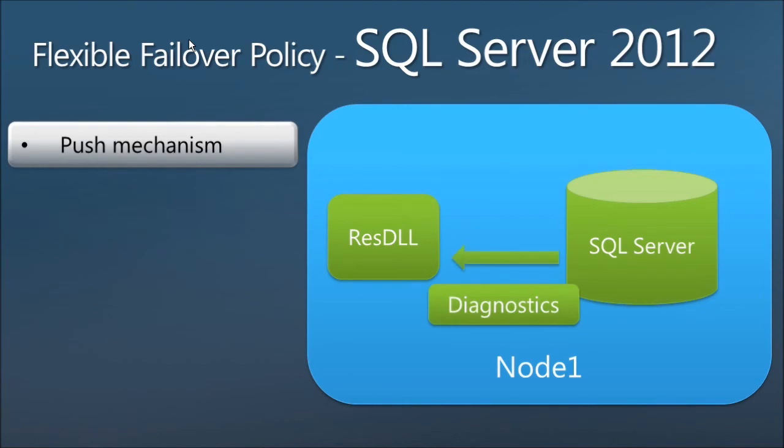This new stored procedure will keep pushing back the SQL Server health state to the resource DLL. And even if the SQL Server is very busy, this stored procedure can guarantee the health status is returned to the resource DLL because it is running in a high priority thread.